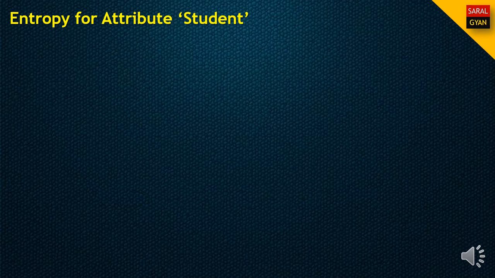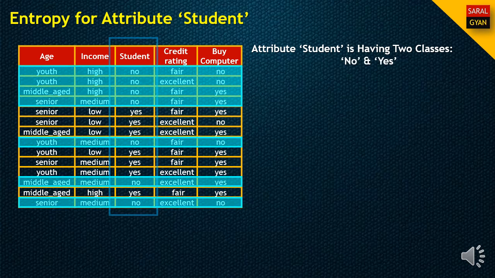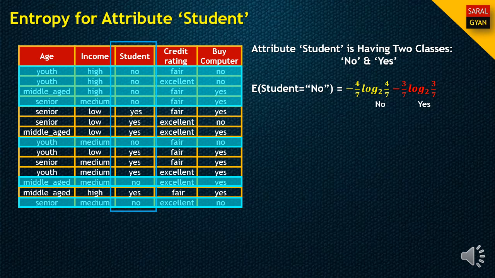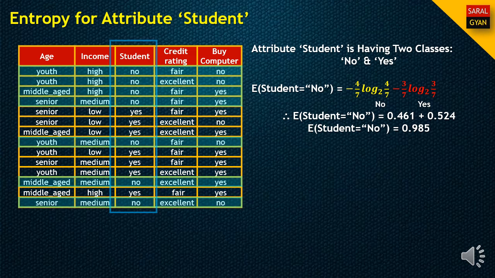Now the entropy for the attribute student. It has 2 classes, no and yes. If you look at the class no, there are a total of 7 entries, out of which 4 say no in the buys-computer attribute, and 3 are yes. So the entropy for student equal to no is 0.985.